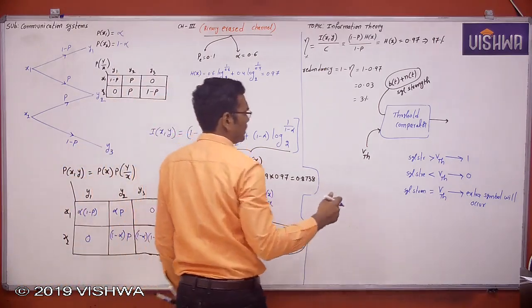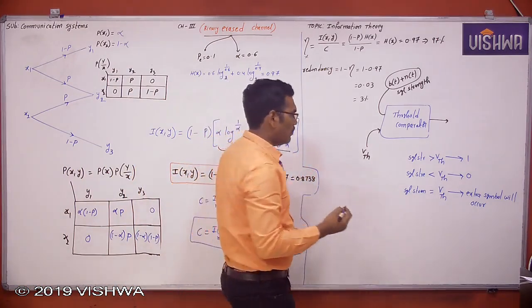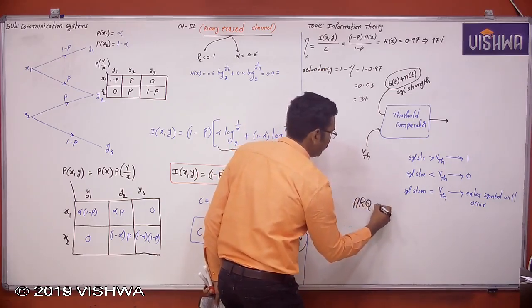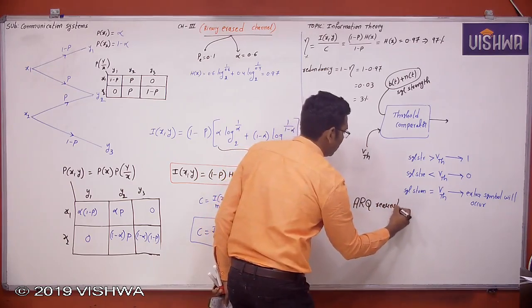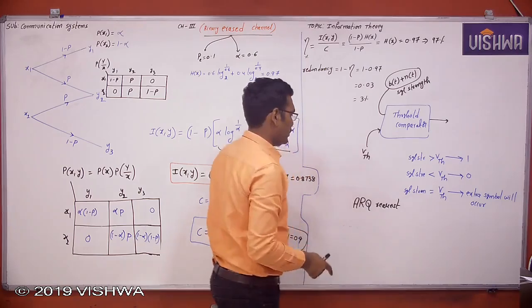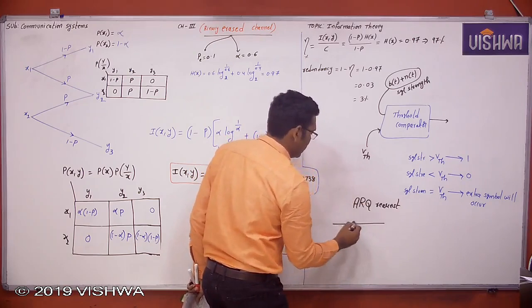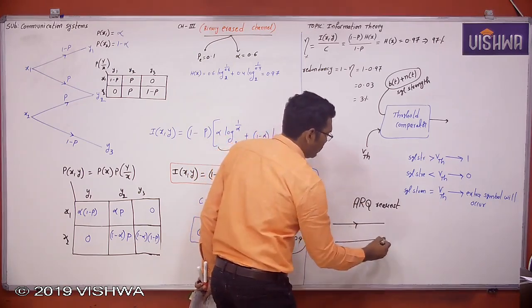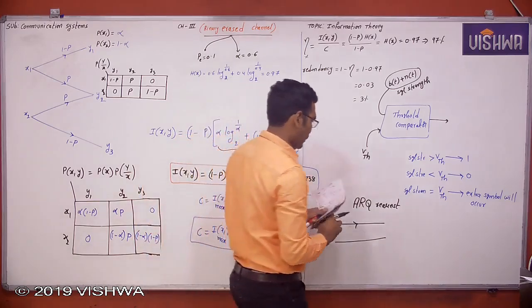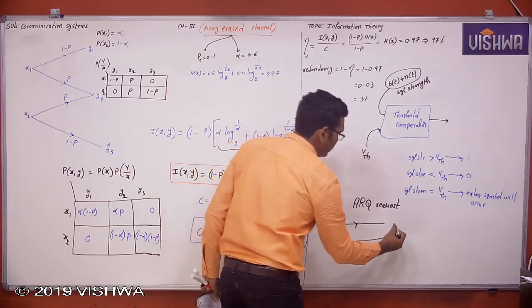So whenever this extra symbol occurs, how do we erase it? That is erased by using an ARQ request, automatic request for retransmission. This is the transmitter and this is the receiver.